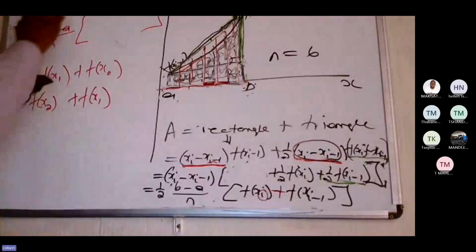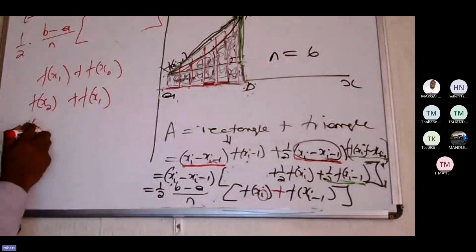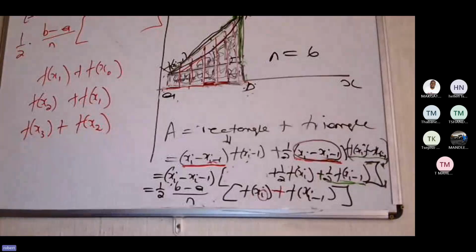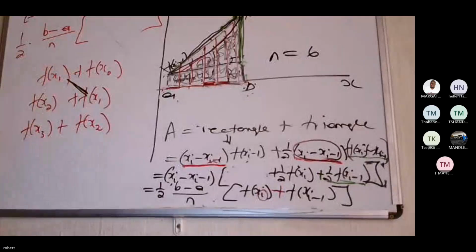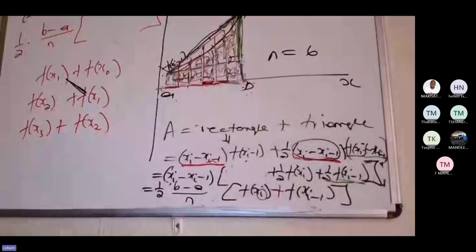The same story. If i is 3, then this becomes f of x3 plus f of x2. Then if you look at this formula, they are going to give you 2f of x1.